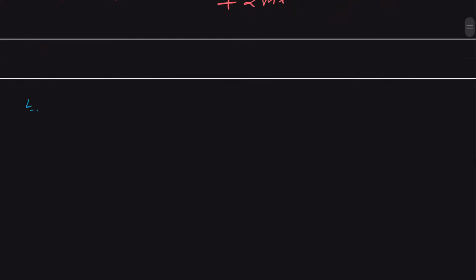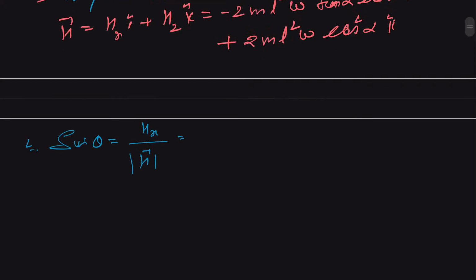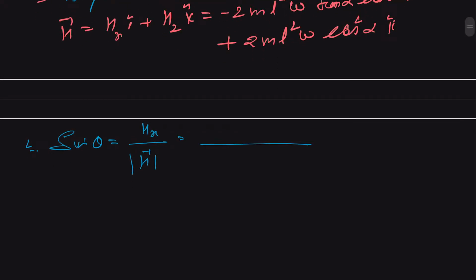So you can say that our sine of theta will be given as the x component of h over its magnitude, and we have our 2m L square omega sine of alpha cos of alpha over 2m L square omega cos of alpha.